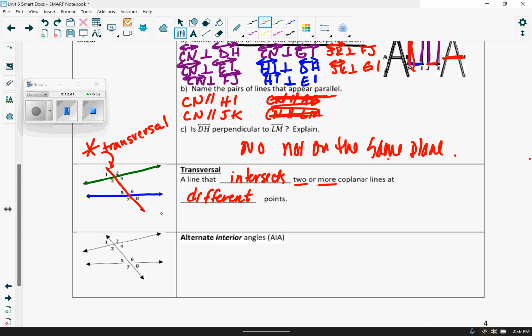Now, thinking about that transversal, okay, so here's my transversal. We're going to do alternate interior angles. Well, I'm going to be talking about inside. So basically, when I say inside, I mean inside the green line and the blue line, per se. So alternate means different sides.